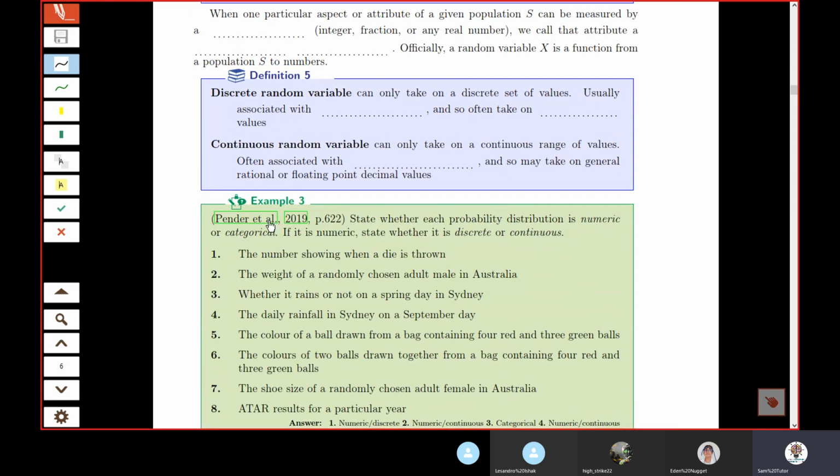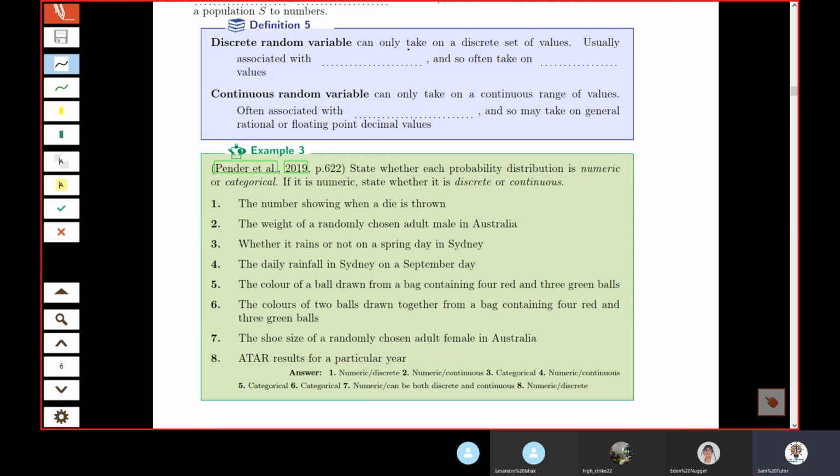Okay, the first thing you need to know is that, it won't be tested, but you've got something that's called a discrete random variable. It can only take a discrete set of values, whereas a continuous random variable can take a continuous range of values.